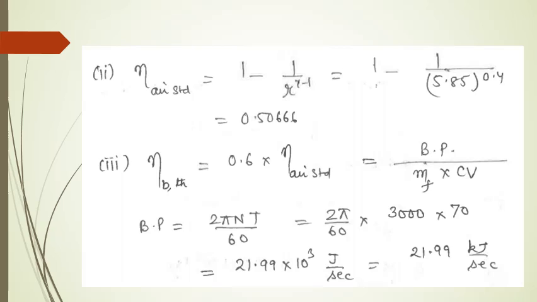Mf dot is put in kg per second and cv is put in kilojoule per kg, so that the denominator has the unit of kilojoule per second, and as the numerator is expressed in kilowatt, both have the same unit. Now the brake power is equal to 2 pi NT upon 60. Now N is given as 3000 rpm and the torque is given as 70 Newton meter. With the help of these values, we find the value of brake power is equal to 21.99 kilojoule per second.